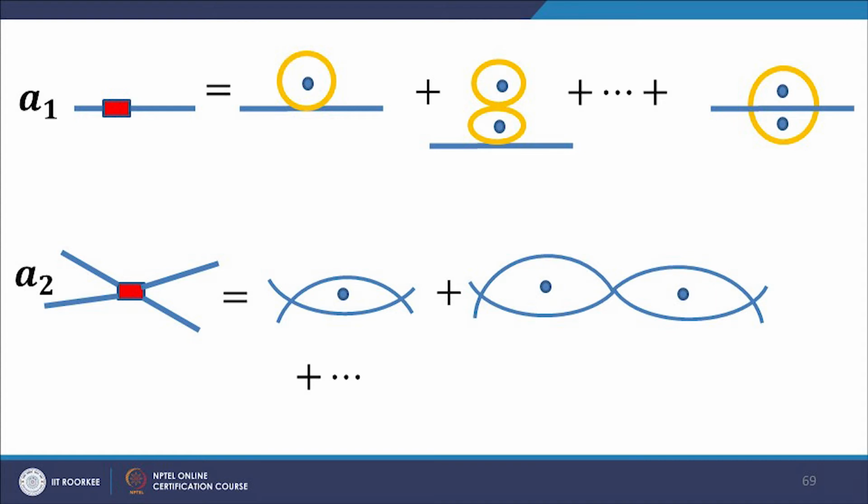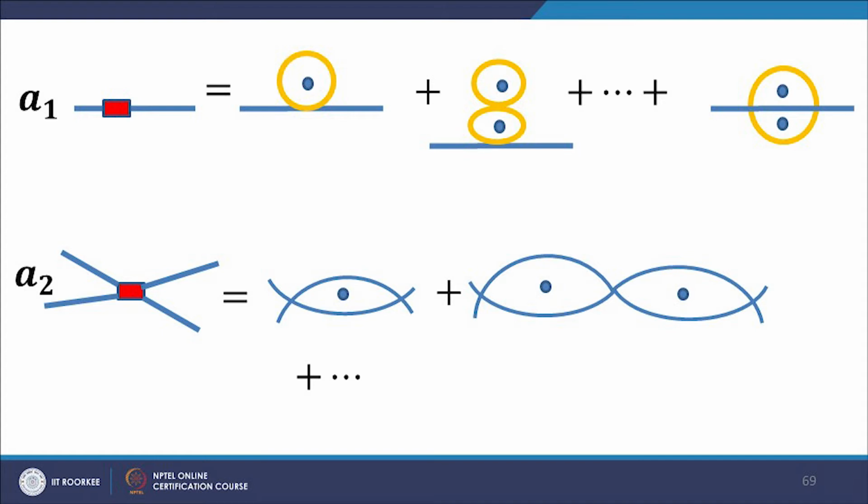And if we have a box with four vertices, this is equal to the two vertices dotted diagram, and then the two vertices dotted diagram in parallel, and then 3 and so on. So, this is how we define the boxes that are shown here, and let us call this A1 and let us call this A2.